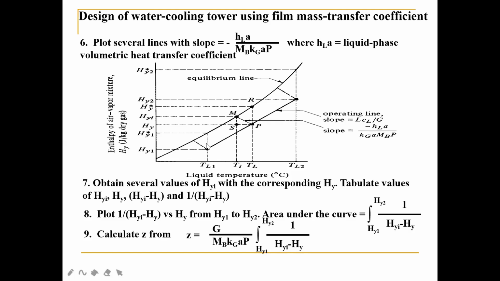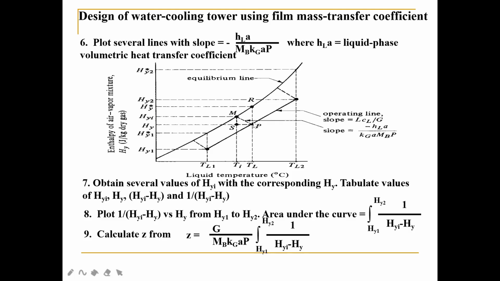So you start from TL1 and then you move to the right to TL2. One example is when you take this TL, you will be getting the point P. From the point P, you will use the slope to find point M. And from the point M, you can determine the value of HYI corresponding to that TL that you take.